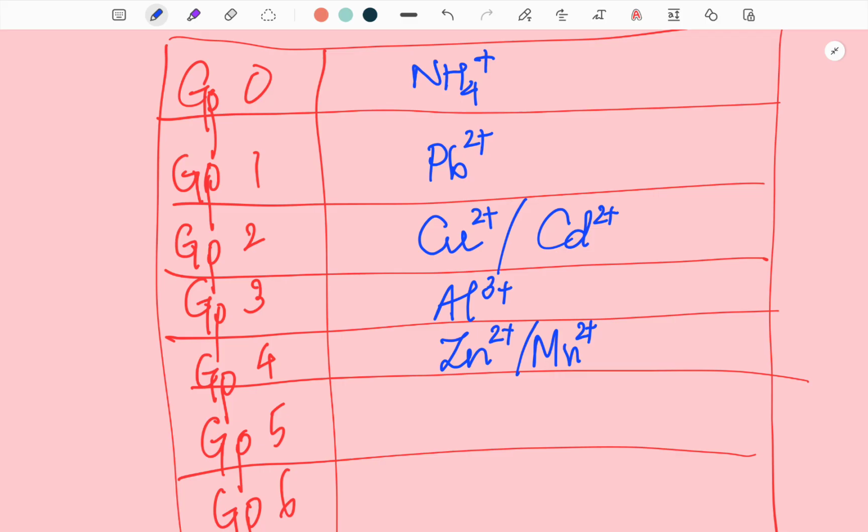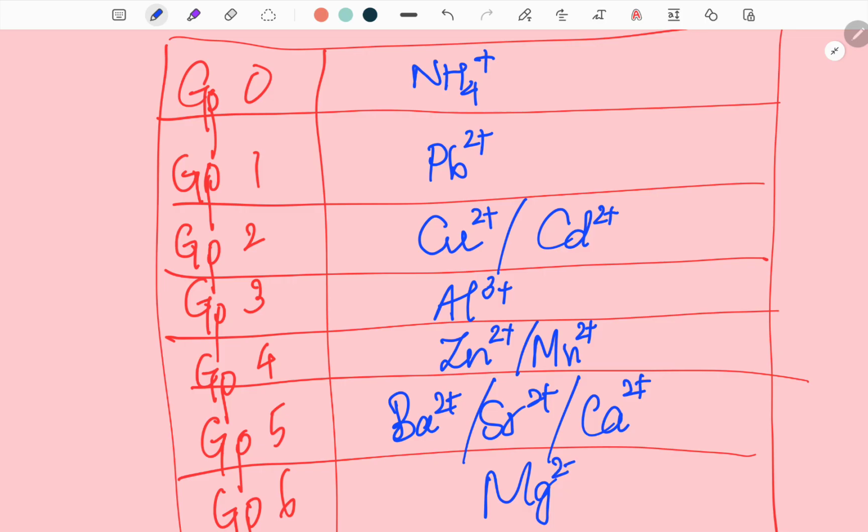Then for group 5 we have barium, strontium and calcium, and in group 6 we have magnesium.